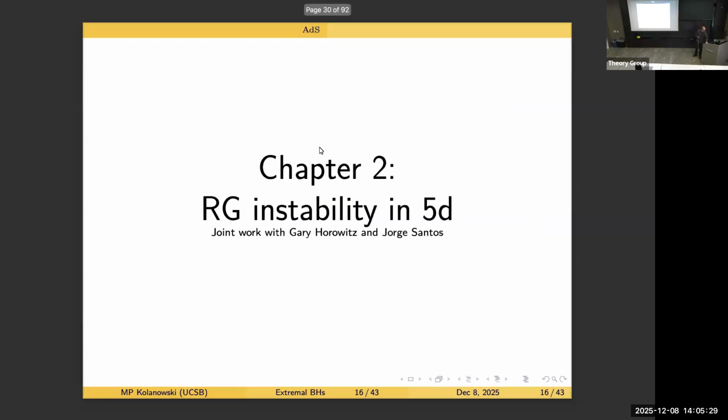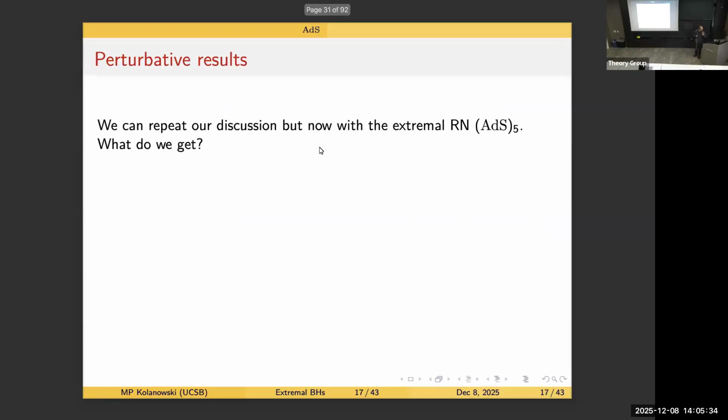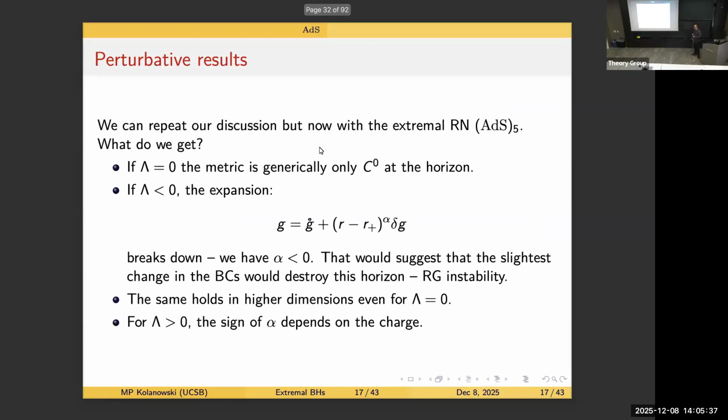Okay, so now we can play the same game in 5D. If we now don't have a cosmological constant, we'll find that generically the metric is going to be C0, but not C1. What it corresponds to in the previous slide was that this gamma exponent is equal to 1/2. But something much more interesting happens if the cosmological constant is negative, because then we have an exponent that is actually negative.